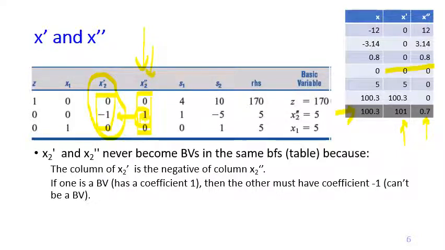When you multiply this by negative 1, the column of the other variable must be negative 1 in that position, and this is not a canonical form. That's why x2 prime cannot be a basic variable. In other words, x2 prime must be 0. So if one of them becomes a basic variable with a positive value, the other one must be 0.